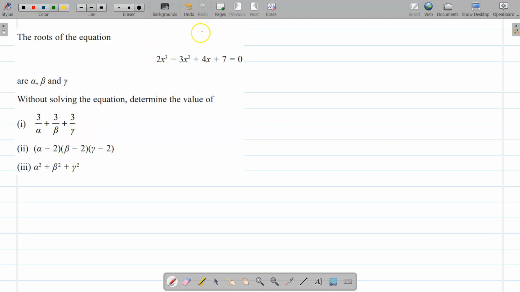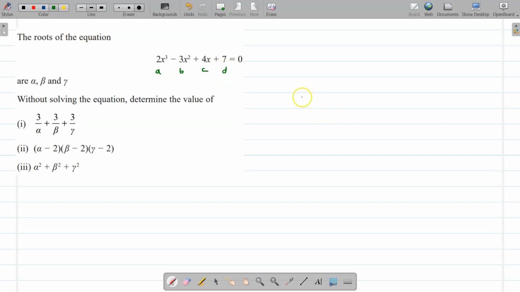So taking the first one, before we begin this, of course, we need to establish what A, B, C and D are. Well, A is 2, B is -3, C is 4, and D is 7.